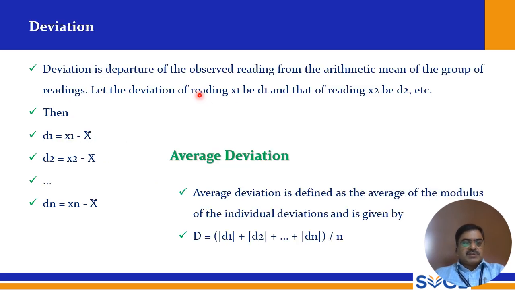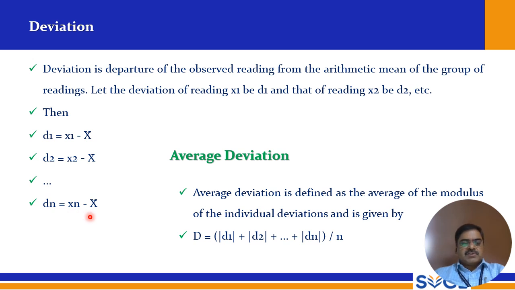And deviation is the departure of the observed reading from the arithmetic mean of the group of readings. Let the deviation of the reading x1 be d1 and that of x2 be d2, etc. Then d1 is equal to x1 minus x, d2 is x2 minus x, and dn is xn minus x.